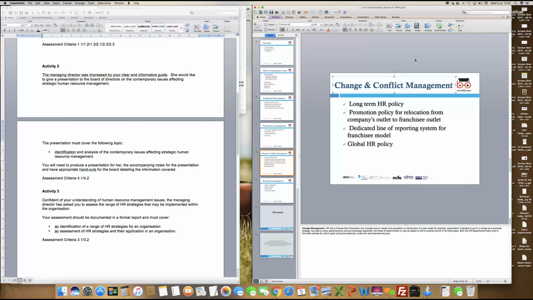Here, again, it could be an issue if the policies are not transparently formulated and explained to employees. This can lead to a bit of discrimination because of this change, and can create conflict within the organization when it comes to the changeover. So these are all issues that we have to look at in the context of contemporary issues.